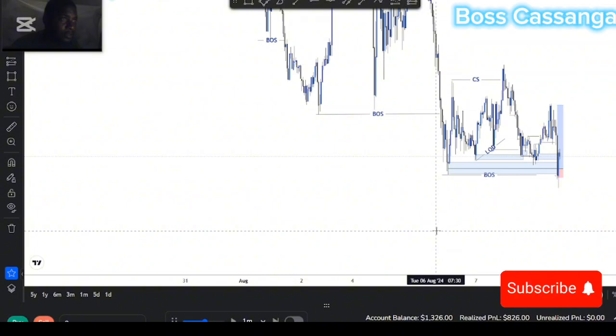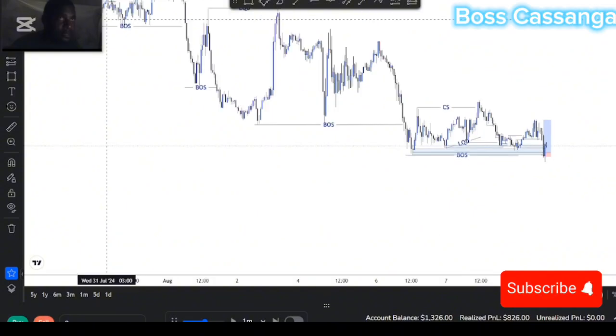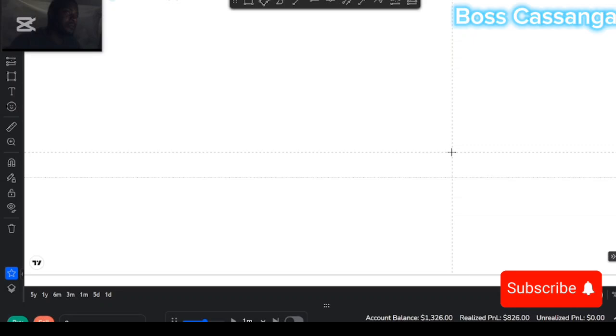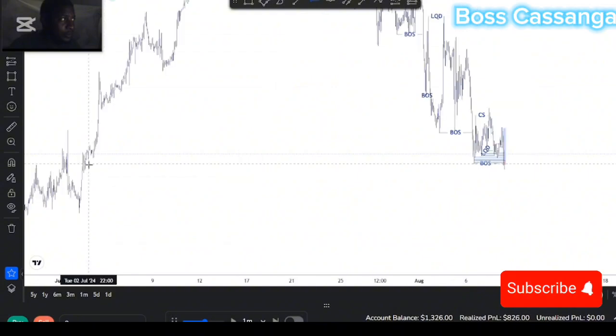Let me see if I can align a demand zone right here. On 30 minutes, I can't find one, and the 1 hour also. Wow, too far, very far. On the 1 hour, here it is. Here's the candle. This was the zone we came to touch.